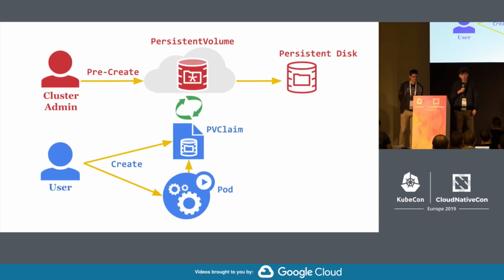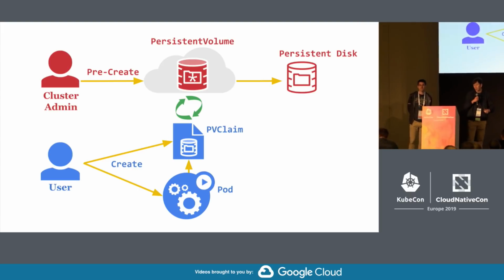So here's a quick diagram of how it works in the system. We have an admin pre-provisioning persistent volumes, which reference persistent disks, okay? And when a user comes in and wants to run their workload, they apply their workload YAML to the cluster, so that's their set of containers, which is called a pod.